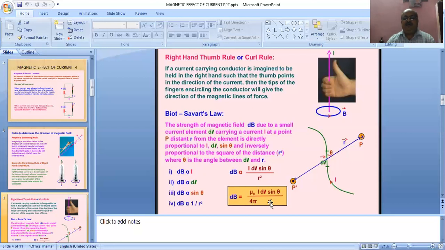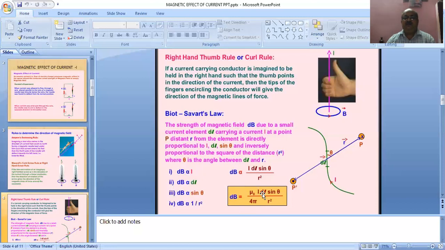Tesla meter per ampere. When we put the value of mu naught in the expression mu naught by 4 pi, we get 10 to the power minus 7 Tesla meter per ampere.